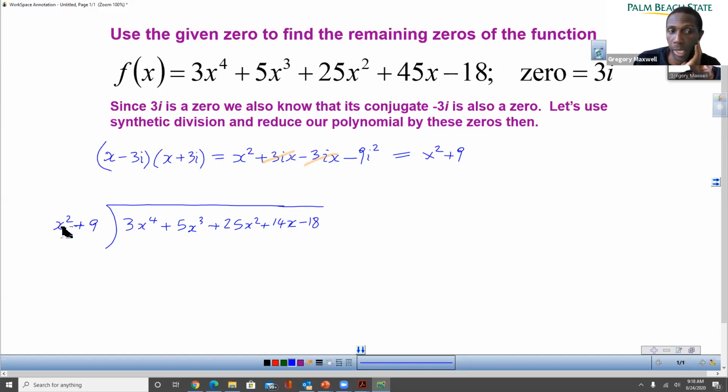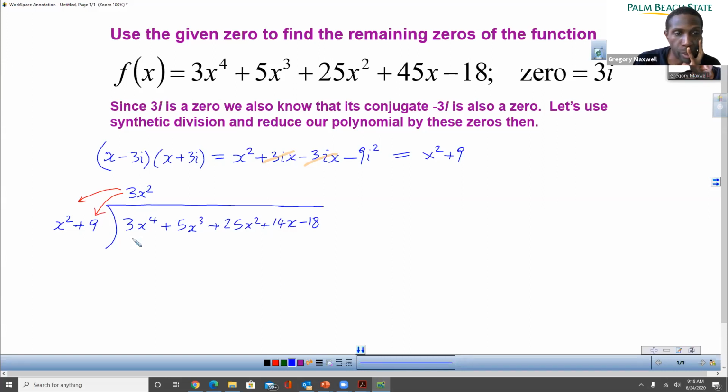Now, this is not synthetic division because this is not a linear factor anymore. So I do x squared into 3x to the 4, and that gives me 3x squared. Then I multiply the 3x squared to each term and write them under the appropriate term.